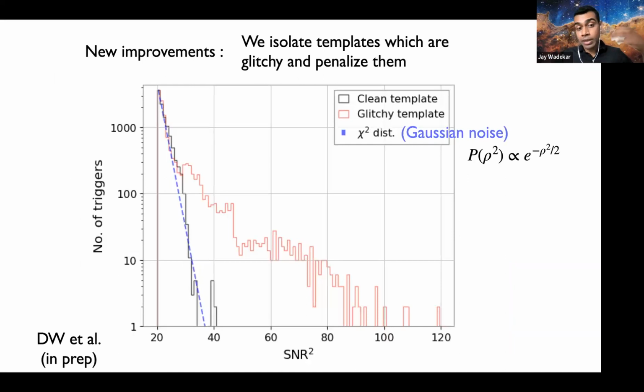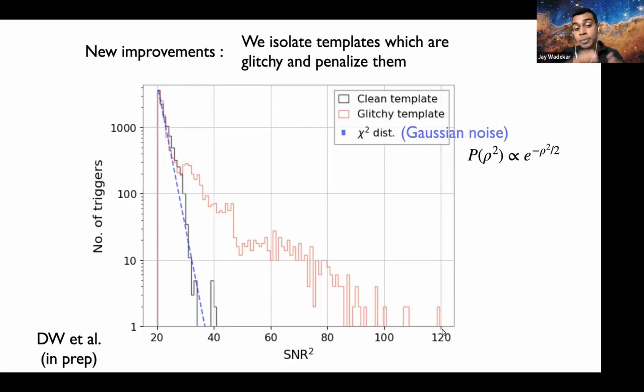Another important improvement that we did in the case of these glitches is that we saw that these glitches prefer some of the templates in the template bank and not some other templates in the template bank. This is a plot showing one example where you have the number of triggers where some template fired, and on the x-axis is the signal to noise squared.